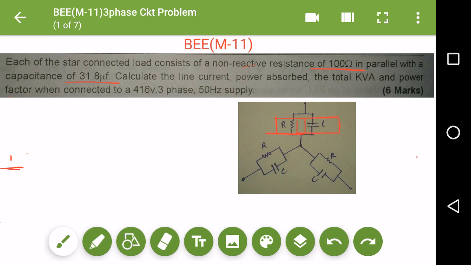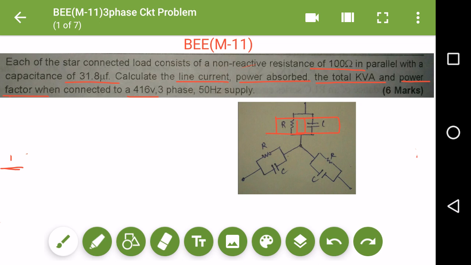Okay, so this is how our circuit is going to look, and they want the star connected circuit to look like this. No further detail is given; they just ask us to calculate the line current, power absorbed, the total kVA, and the power factor when connected to a 416 volt, 3 phase, 50 hertz supply.